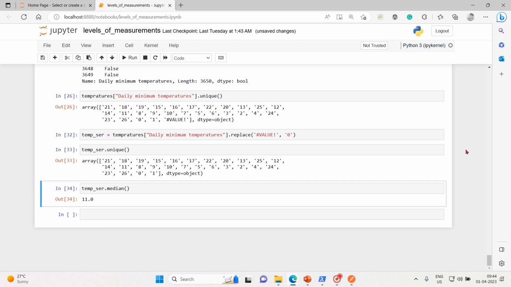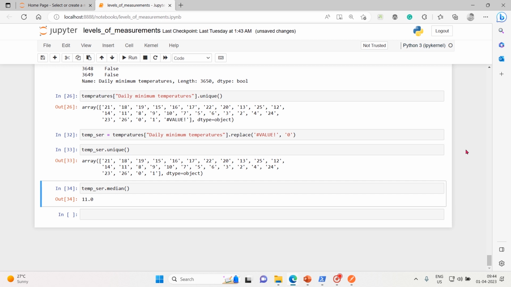Now mean, median, mode all come under descriptive statistics. I have told you there are five groups of statistical methods: descriptive statistics, data aggregation, data transformation, data visualization, correlation, and regression. Mean, median, mode, count, variance, standard deviation all come under descriptive statistics.